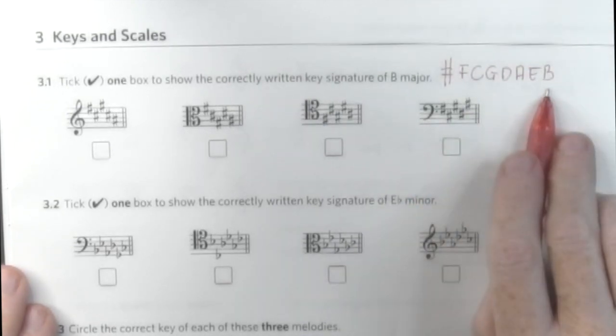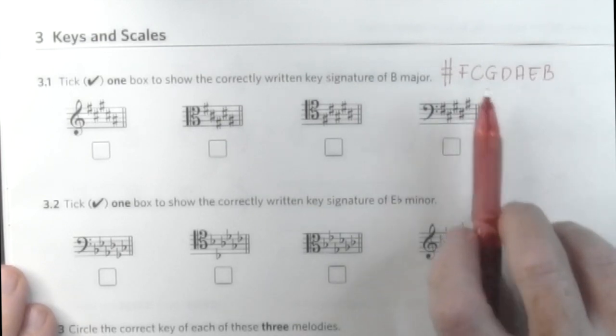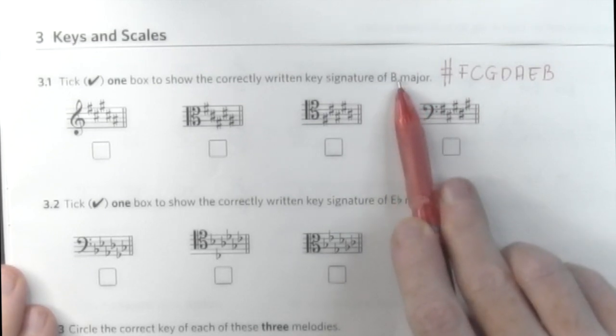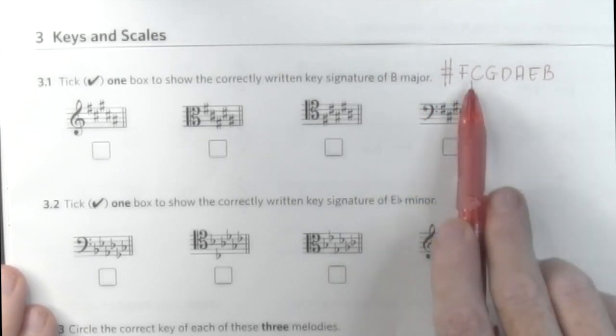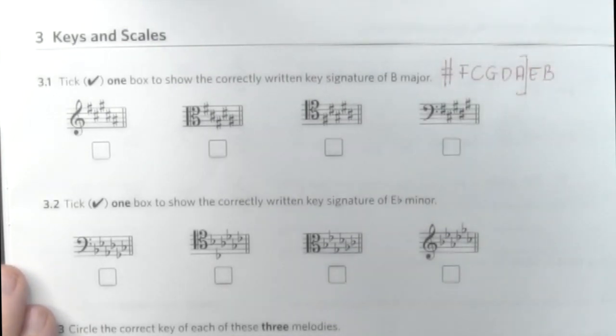If you don't know what I'm talking about, please watch my videos linked in the description below or via the card up here. They tell you loads of useful things about key signatures and keys and therefore scales. Now, B major, B, the semitone before is A. So in B major we have 5 sharps.